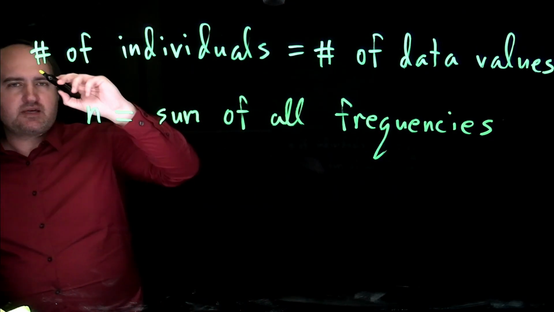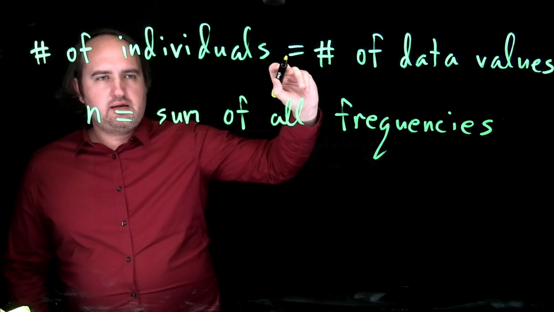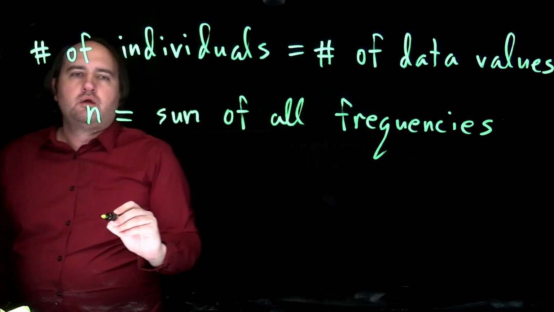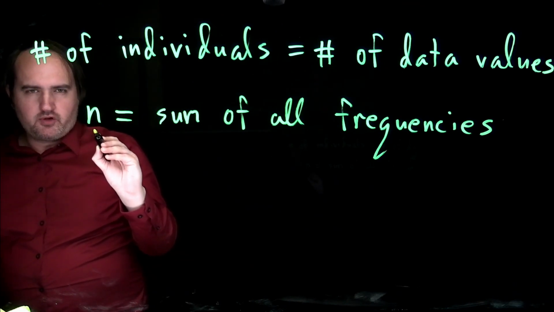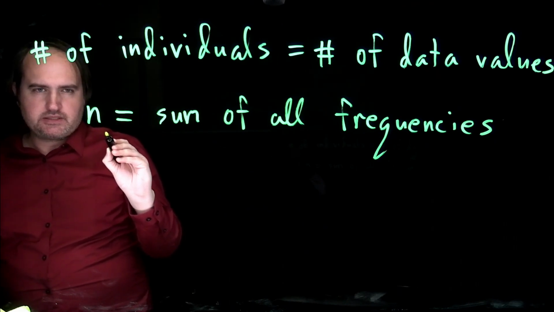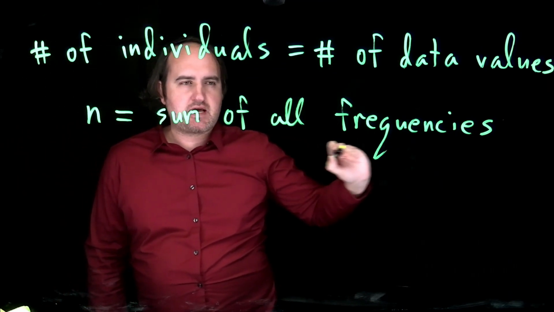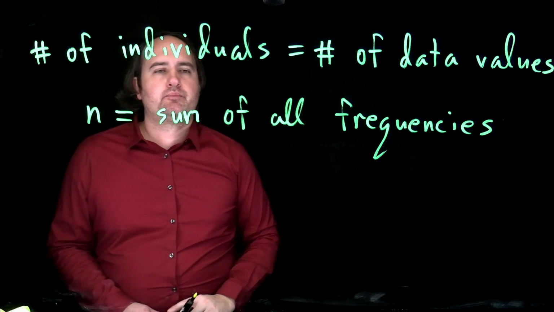Okay, so when they say the number of individuals in the summary, that's the same as the number of data values, which is the same as N. We're going to be calling it N for the rest of the semester. And when you have a frequency table, that's also equal to the sum of all the frequencies.